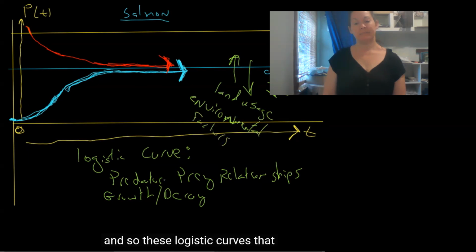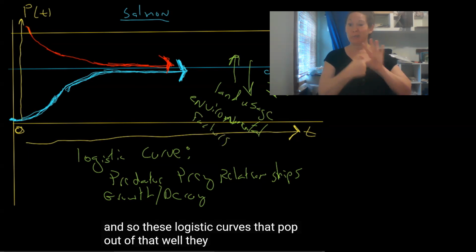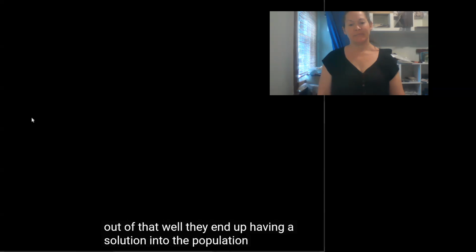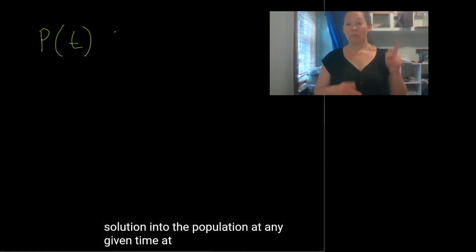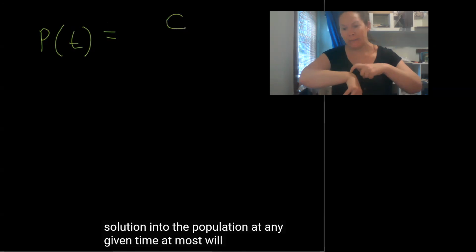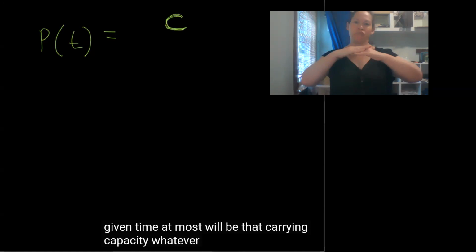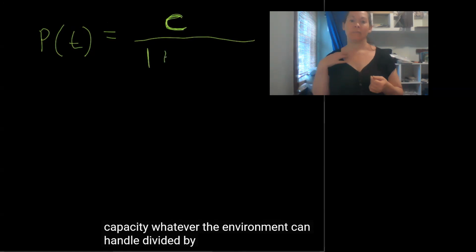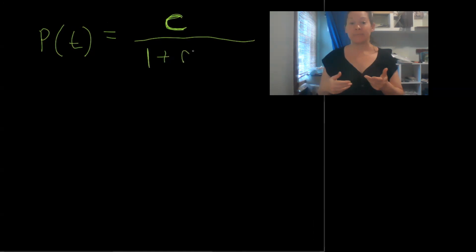And so these logistic curves that pop out of that, well, they end up having a solution. The population at any given time, at most, will be that carrying capacity, whatever the environment can handle, divided by an exponential.